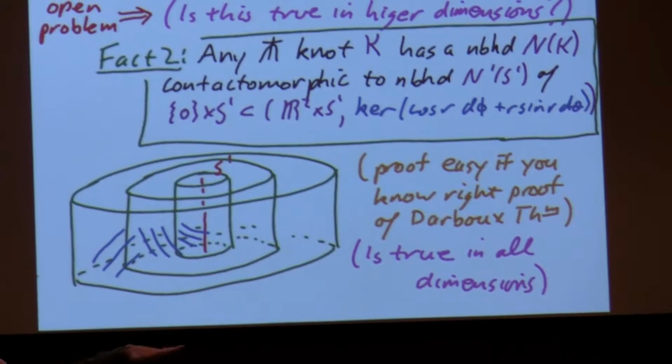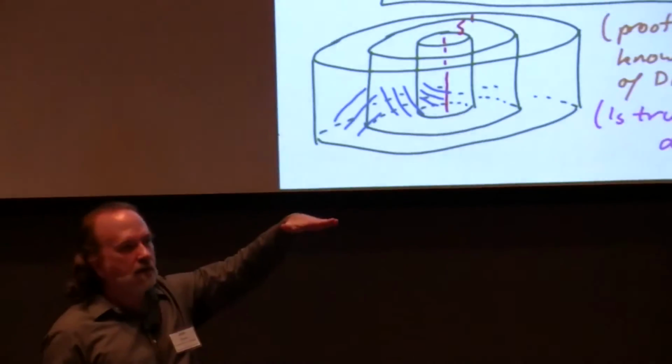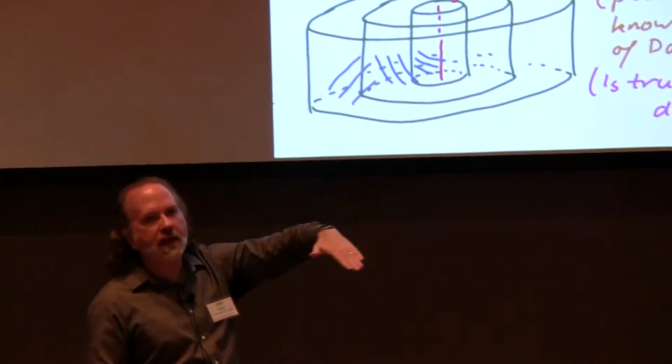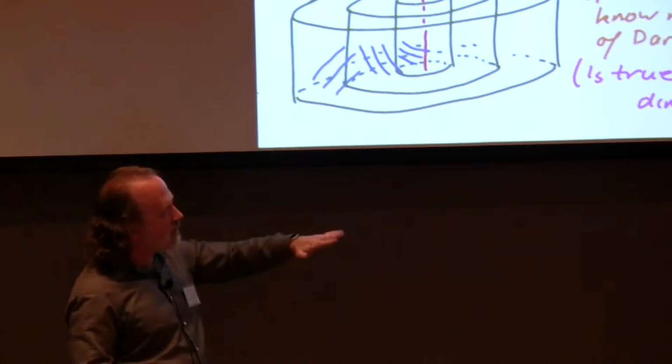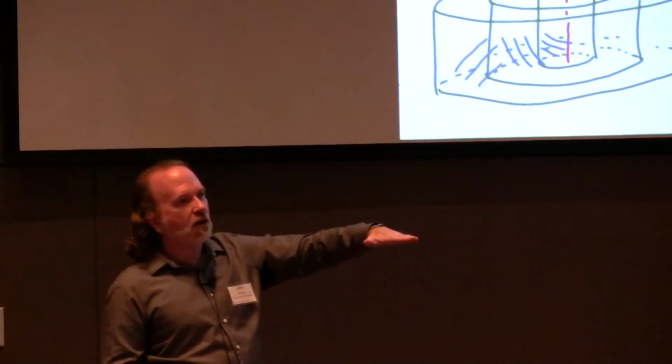And your contact structure, essentially, it's going to be perpendicular to the S1 along the S1 cross 0. And then as you move out on any ray perpendicular to S1, it's going to start rotating in a left-handed fashion, except now instead of just rotating 90 degrees, it's going to rotate over and over and over again. So as you go out along your ray, your contact planes are always tangent to the axis, and they just keep flipping over. And well, OK, I can only draw it once, but they flip over and over and over. OK?